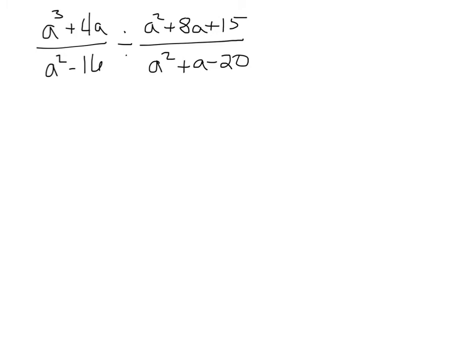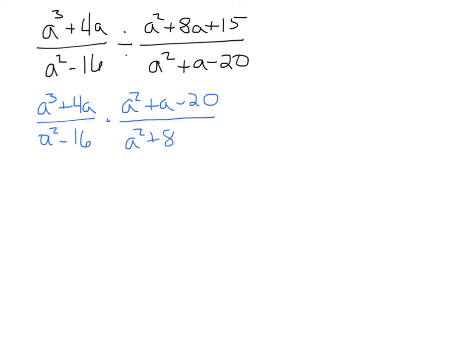Okay, so again, very important to flip the second fraction before you really get too far. And so I'm going to just rewrite this. And I'm going to factor everything I can.